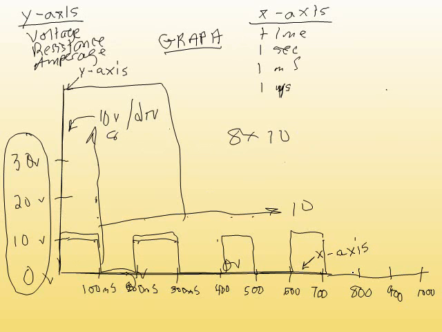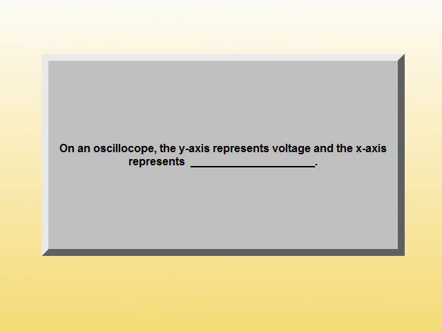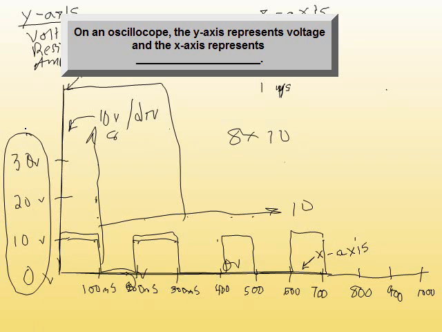A common question you'll be asked on the test is this. On an oscilloscope, the y-axis represents voltage. The x-axis represents what? Well, let's go back and look. We do see the y-axis representing voltage. What does the x-axis represent? Milliseconds. We said it might represent seconds.